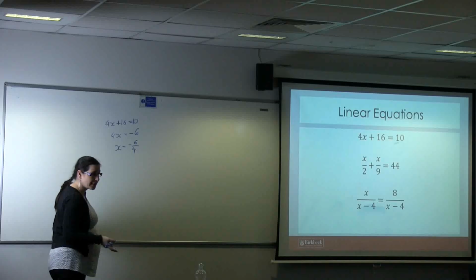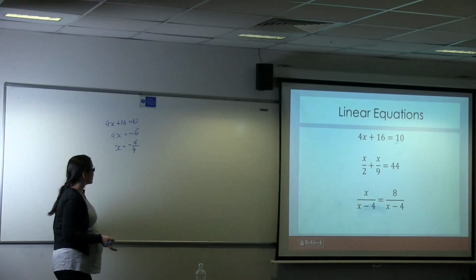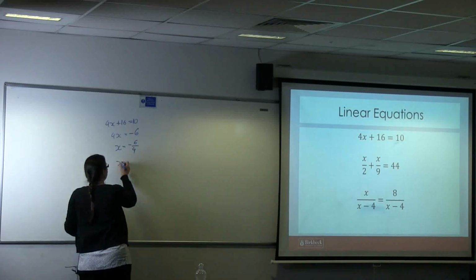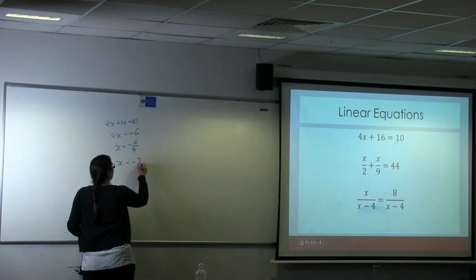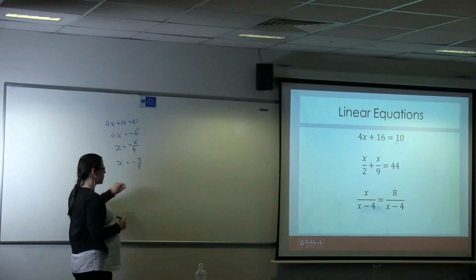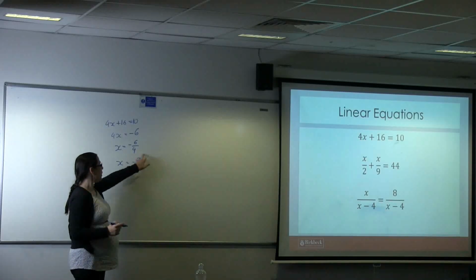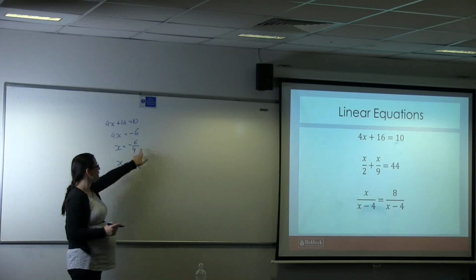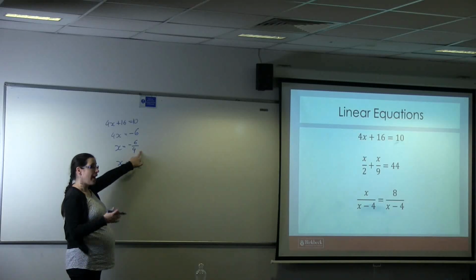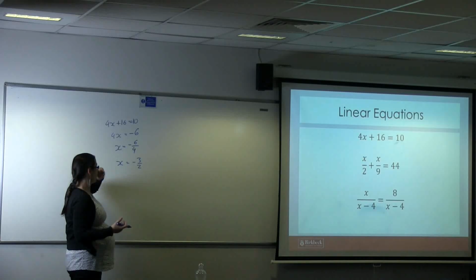And I can cancel that down a little bit, because I know that 6 and 4 both can be divided by 2. So x is actually minus 3 over 2. And it's always useful to do the cancelling down, because these numbers are a little bit more informative than the version of higher fractions.